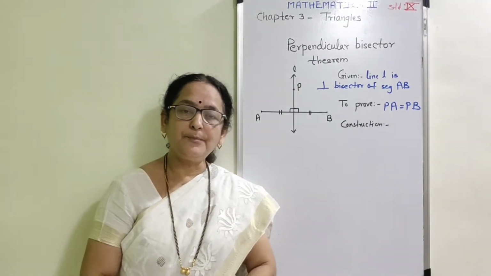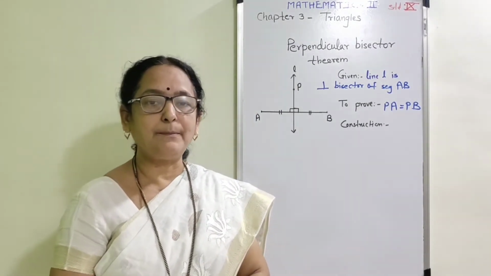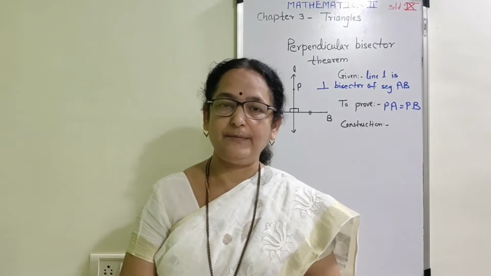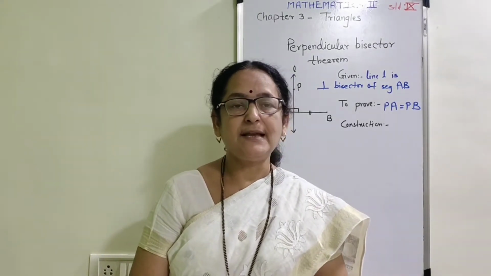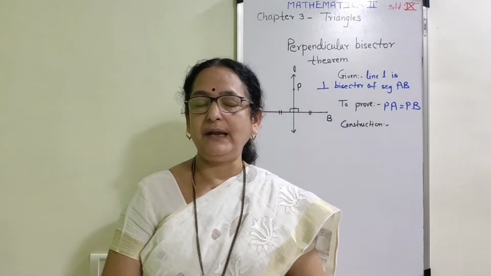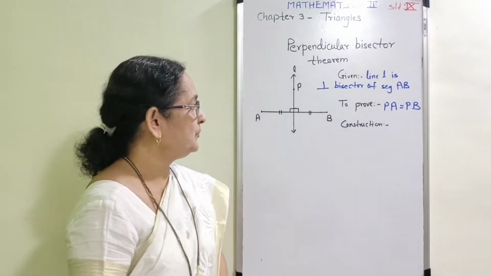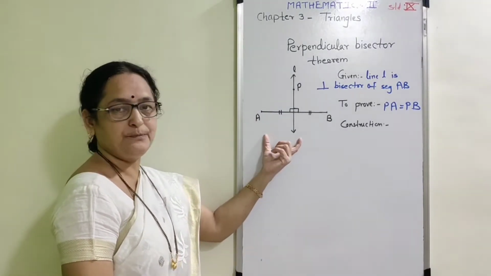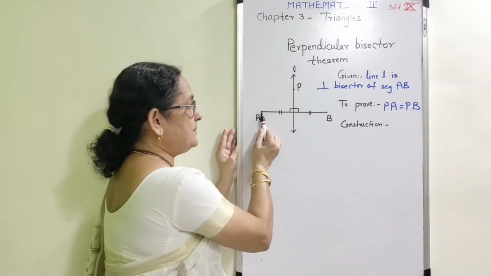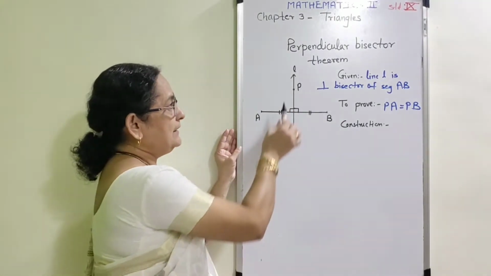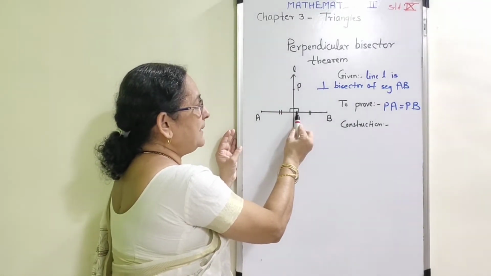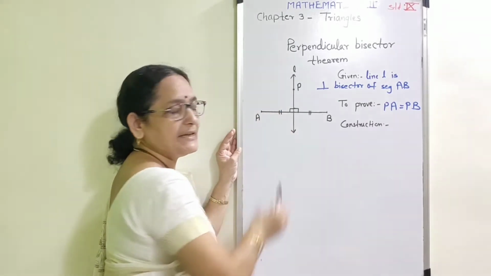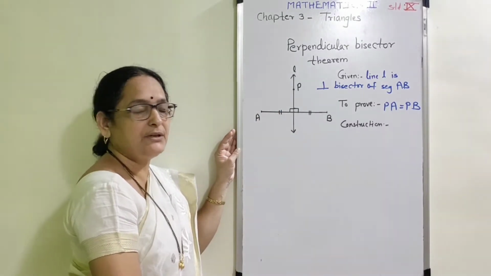When a point lies on a perpendicular bisector of a segment, that point is equidistant from the endpoints of the segment. Now observe the figure on the board. Segment AB is given and line L is the perpendicular bisector of the given segment.